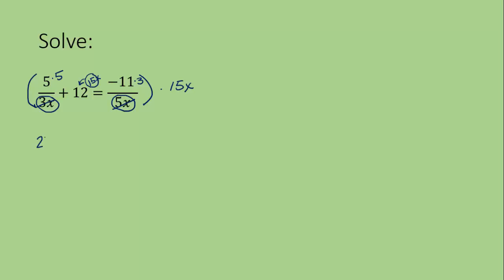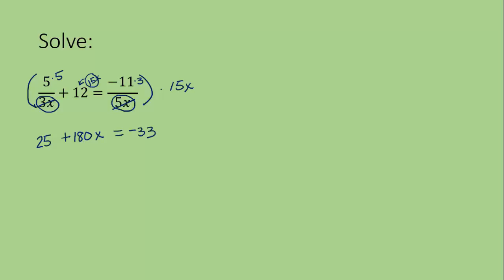So I get 25 here, plus, now when I do 15 times 12, let's do some mental math tricks here. 15 times 10 is 150, and 15 times 2 is 30. So if you add 150 and 30, you get 180. And there, I did not need to bust out my calculator for that one, which I love. 3 times -11 is -33.